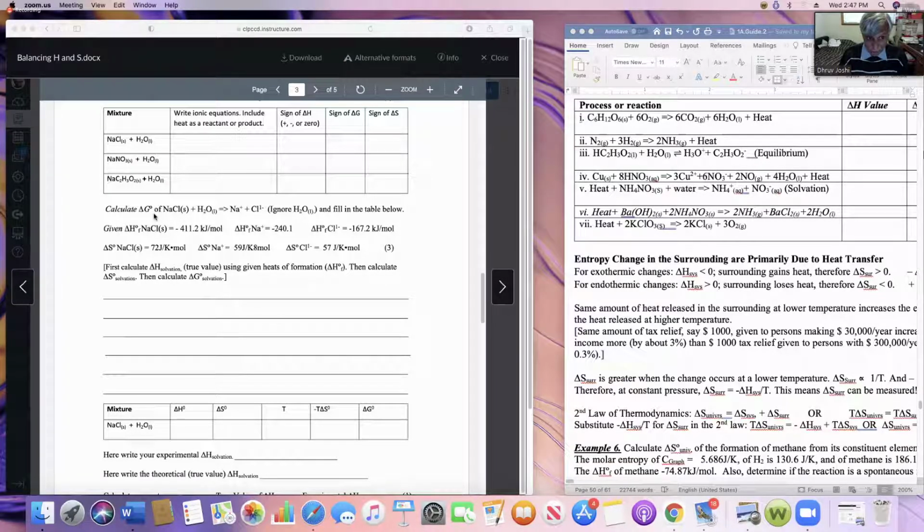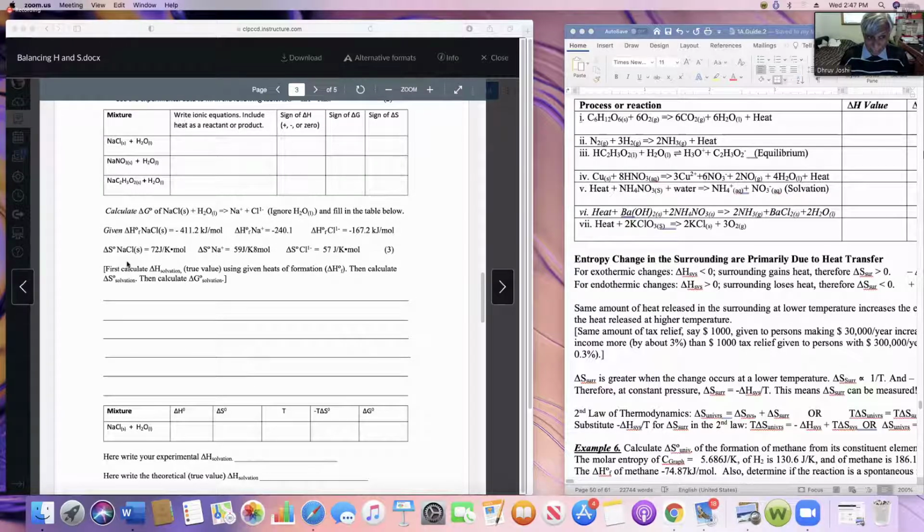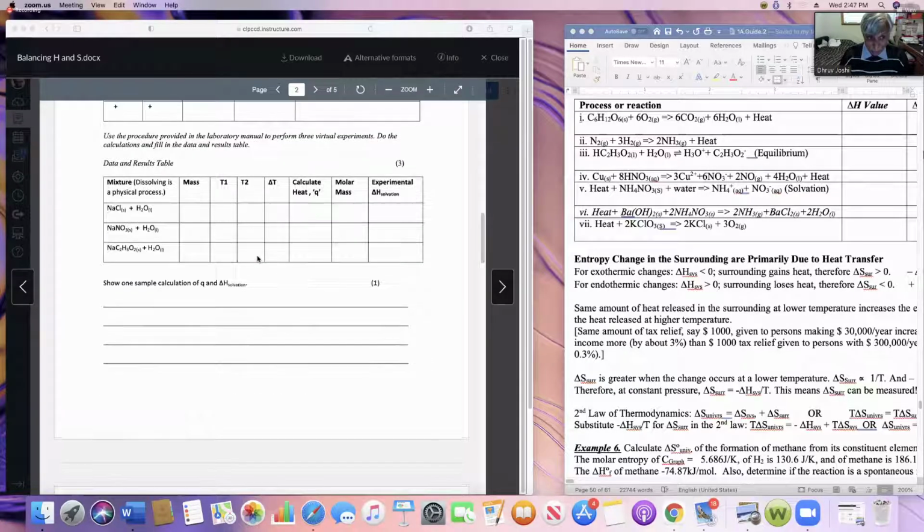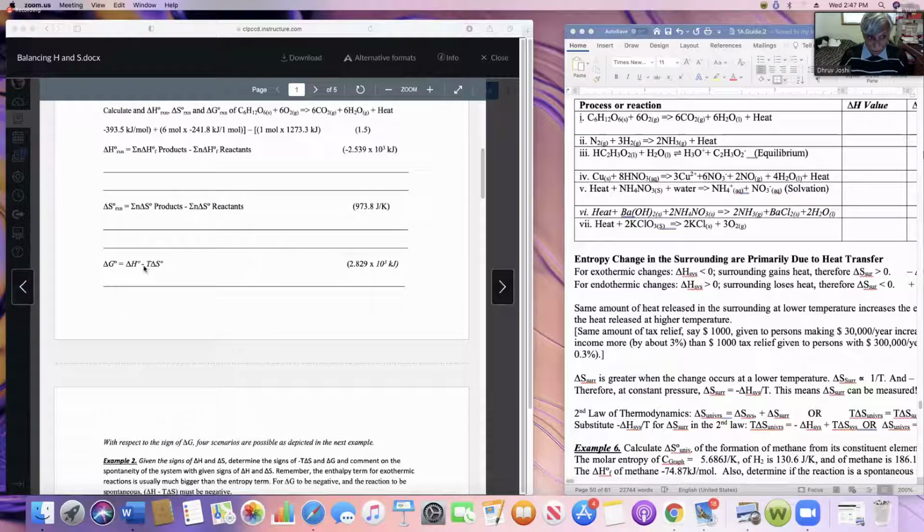Calculate delta G, but in order to calculate delta G, we have to calculate delta H and delta S first. Because remember, delta G is delta H minus T delta S, and everybody knows this T is 25 degrees Celsius because this superscript 0 tells us that. So if you want to calculate delta G for this reaction, you need to calculate delta H and delta S first.